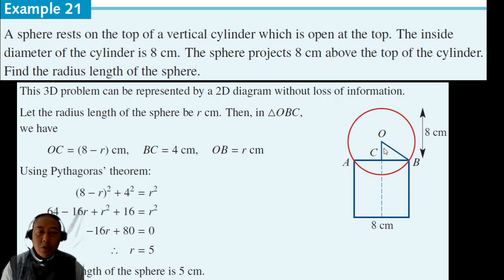In that right angle triangle OBC, we annotate OC. That's coming from our properties. We know BC, OB is the radius. Use the Pythagoras theorem, express in terms of R, and we find that R is 5 centimeters.